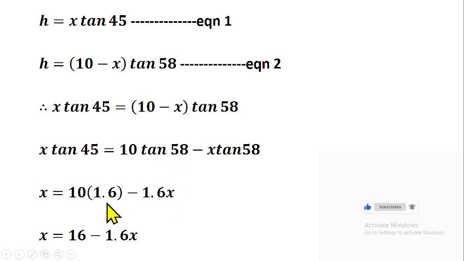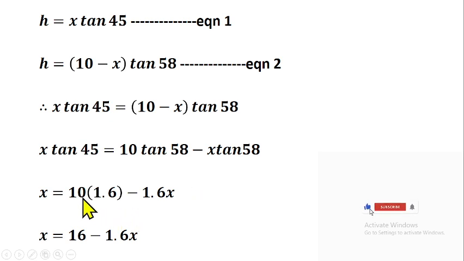That should give us 1.5 something, which we approximate to 1.6. Then minus tan 58, which is 1.5 something, multiplied by x, gives us 1.6x, because we approximate tan 58 to be 1.6. So you can press the calculator. The calculator will give you the real value of tan 58, which we approximated to 1.6.